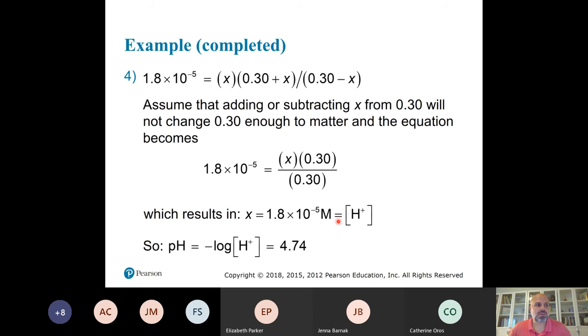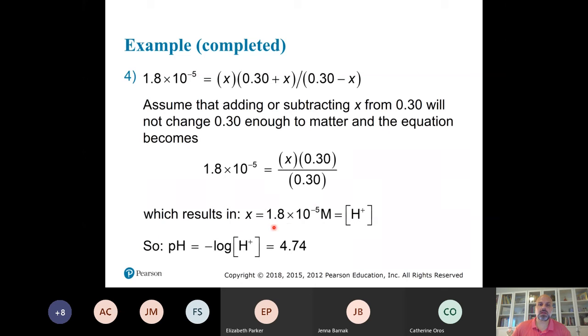So I'll answer your question in a second, Sophia, about when you can get rid of the x and when you can't get rid of the x for the quadratic equation, and you'll see why. But for this part of the example, with that assumption, the proton concentration is essentially equal to our Ka.